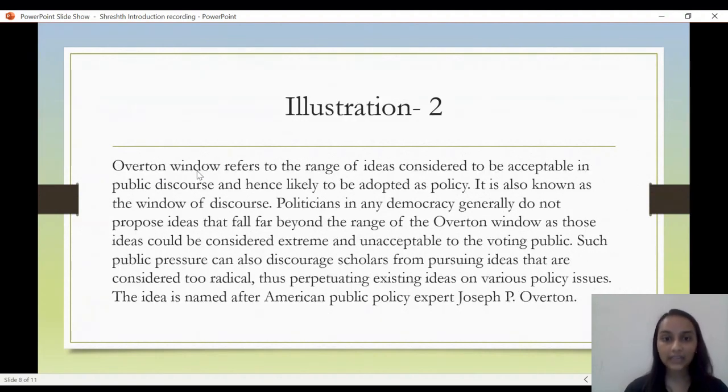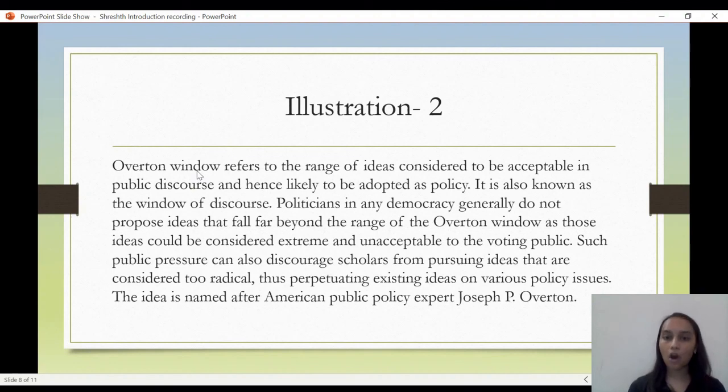So if you read the second line, it talks about how if something is likely to be considered unacceptable by the voting public, politicians don't tend to pursue those ideas in the public sphere, right? This would only happen if politicians accorded that much importance to the opinion of the voting public.